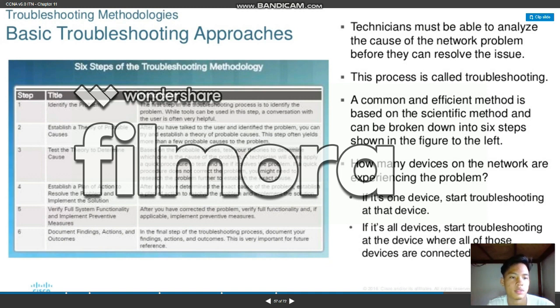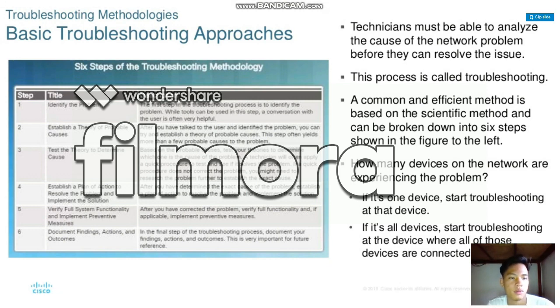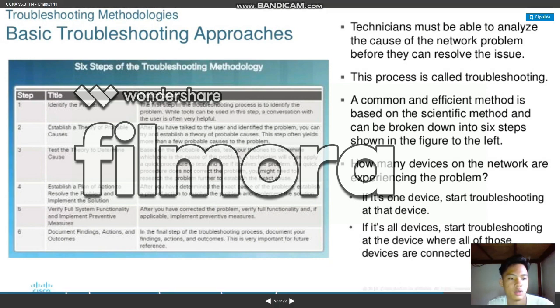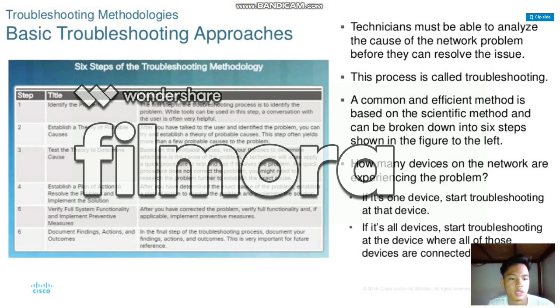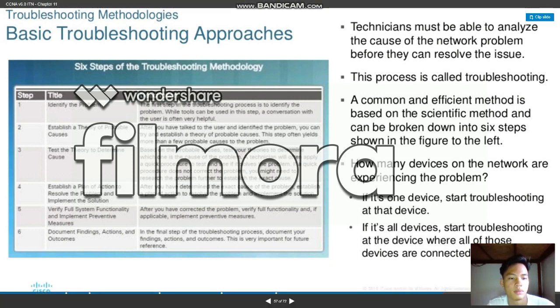Identify the problem, establish a theory of probable causes, test the theory to determine the cause, establish a plan of action to resolve the problem and implement the solution, verify full system functionality and implement preventive measures, and lastly, document findings, actions, and outcomes.